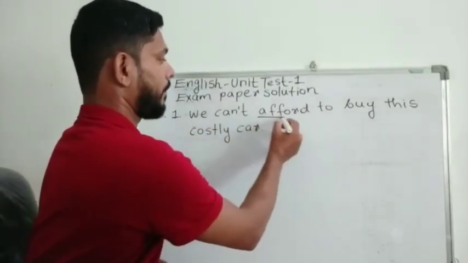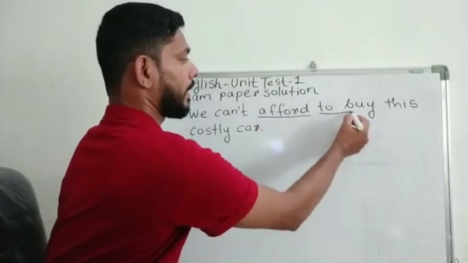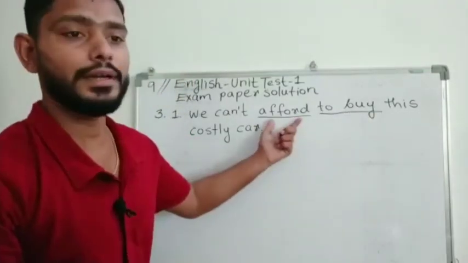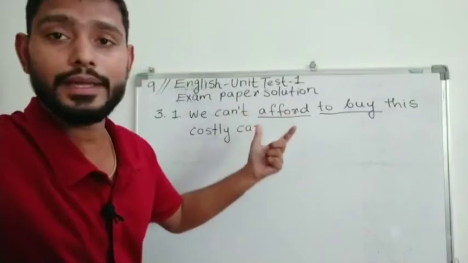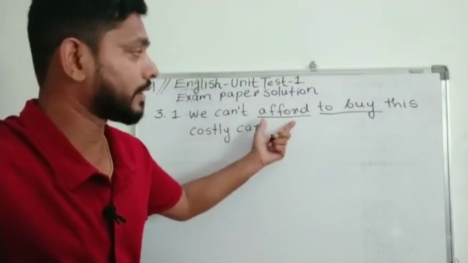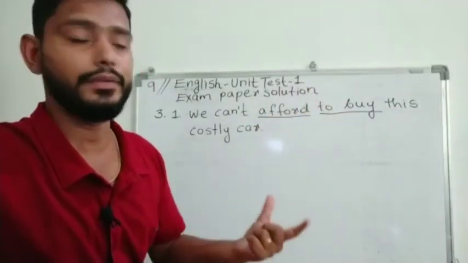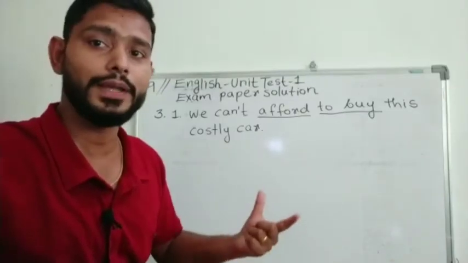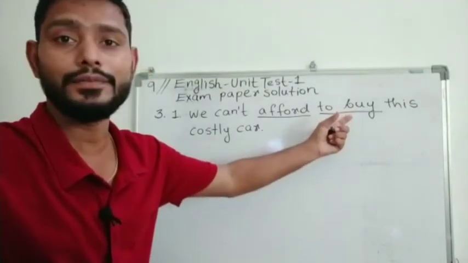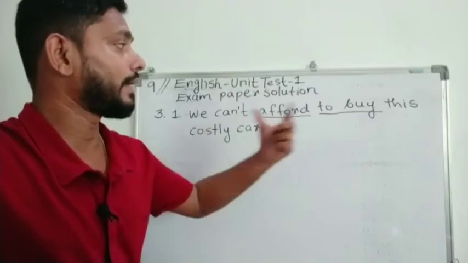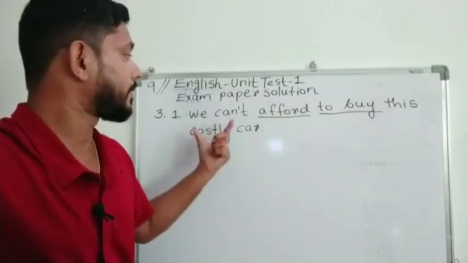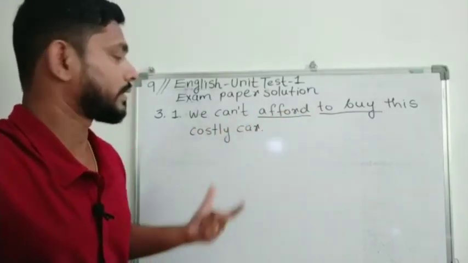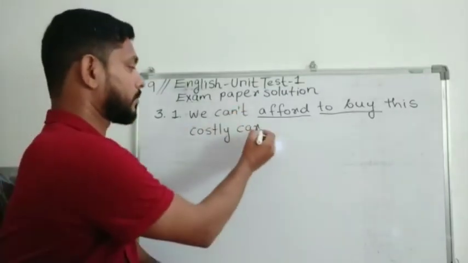So here the verb is afford, and after it an infinitive verb commonly follows, that you know already. Here the infinitive verb is to buy. We can't afford to buy this costly car. Okay, you can just copy down to your notebook.